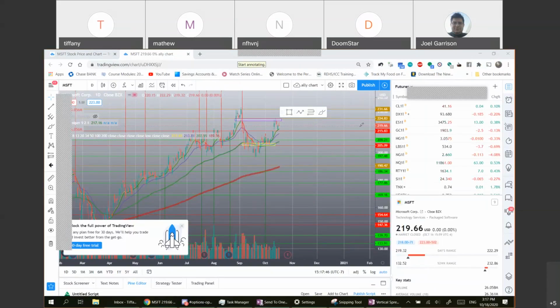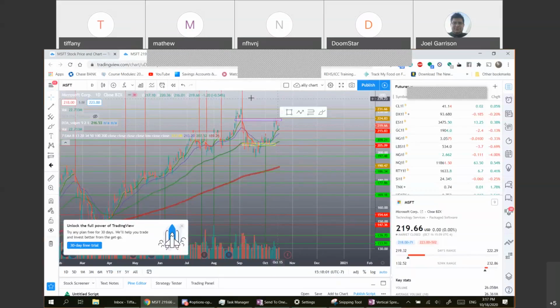When you pick something like that, you always want to consider how far you want to go. If you look at the call option prices, that's the key.